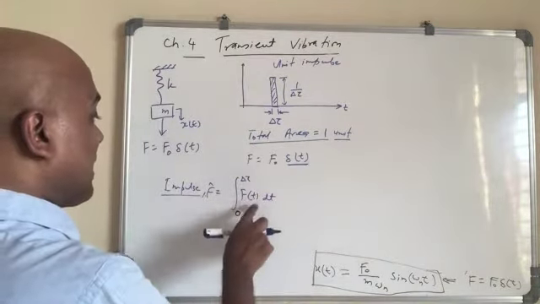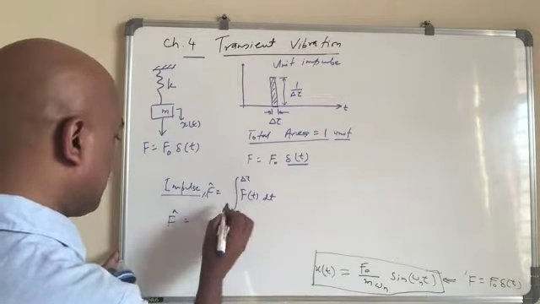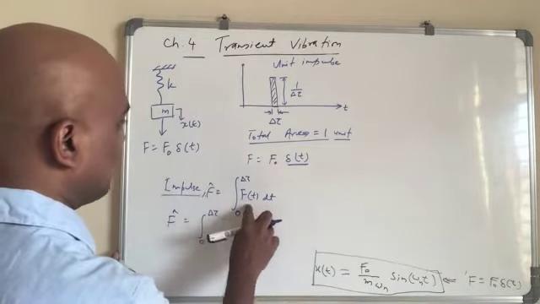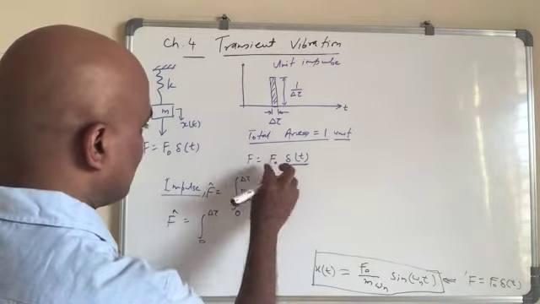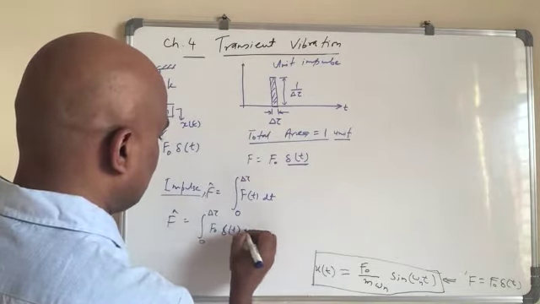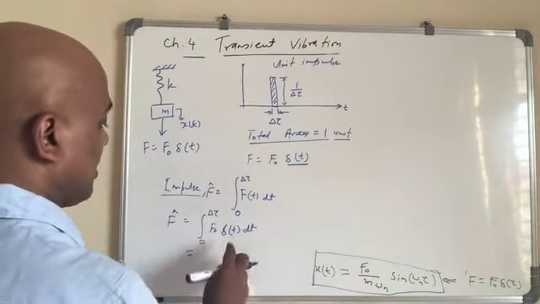So that really means, what do you mean by here? This F naught is equal to delta tau. F(t) is nothing but this, F naught delta t dt, and that really means, what do you get?